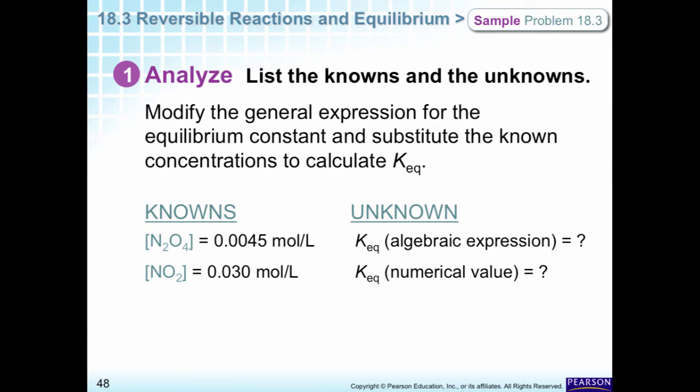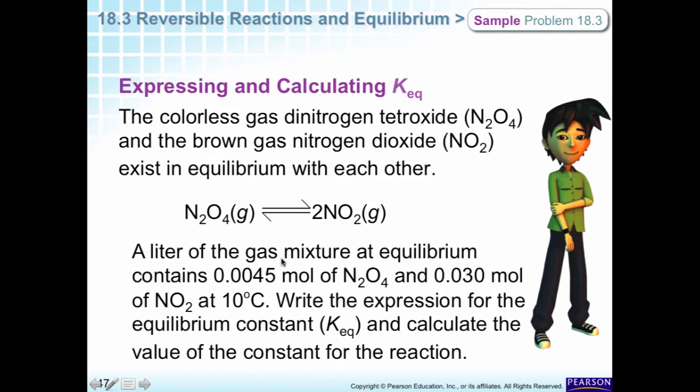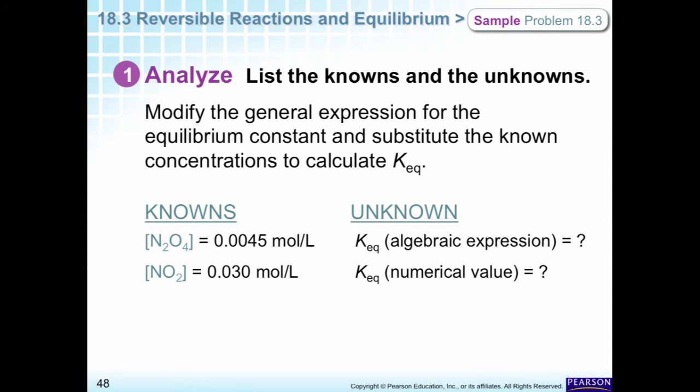So we basically know what our moles of each are. So we have that many moles per liter. We know it's per liter because it said that in the problem. And we have that for NO2 also.